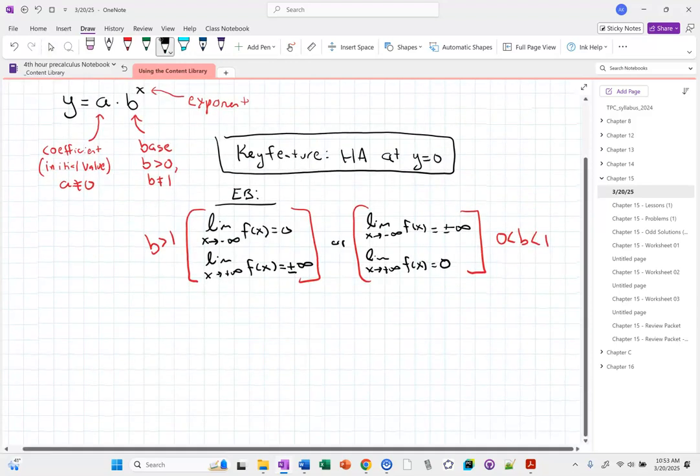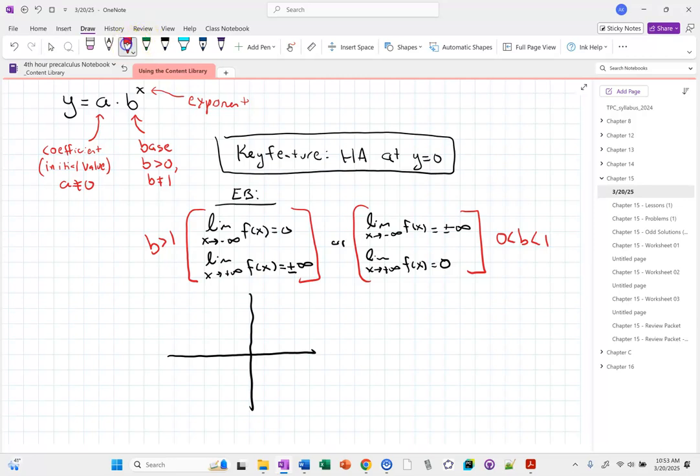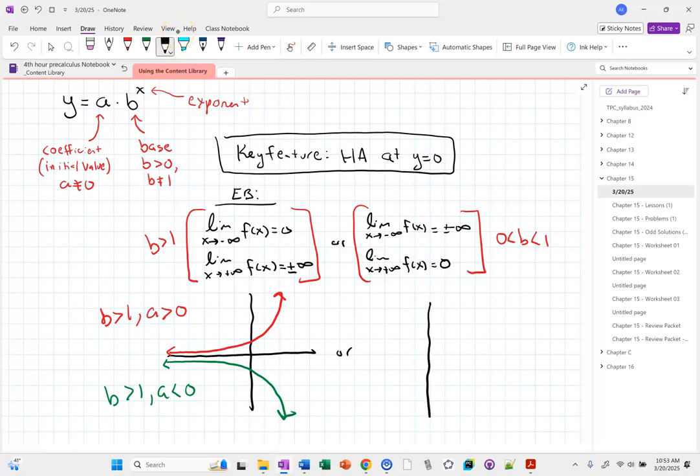Essentially, the graph will either look like this, or it could look like this, or the graph might look like this.